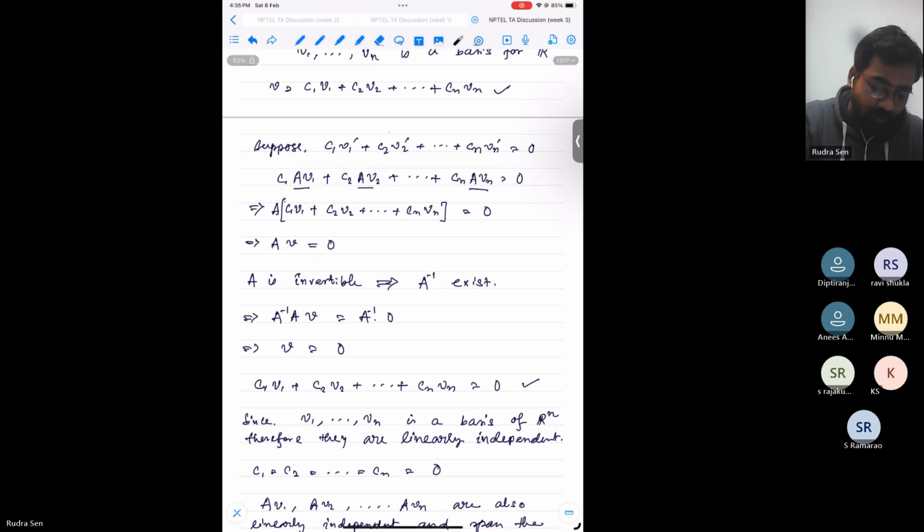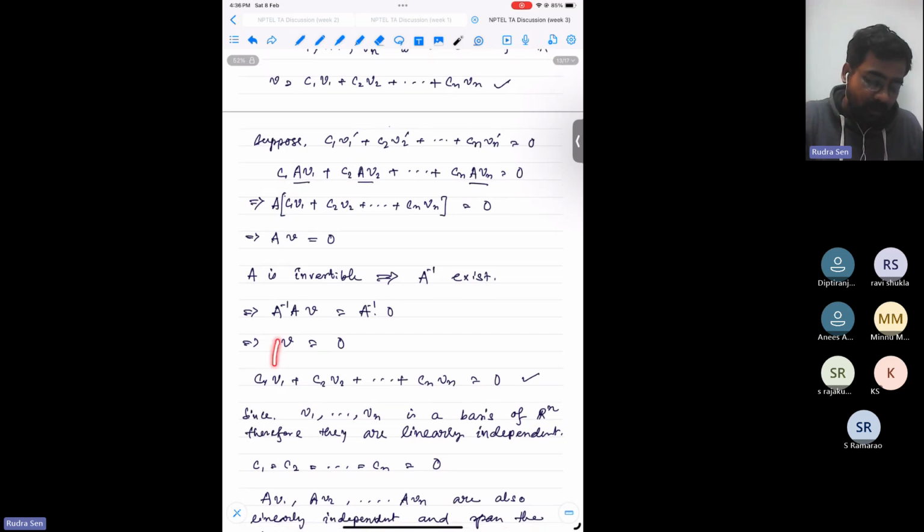Since A inverse exists, because I have already said that A is an invertible matrix, we get V equals 0. So this equation leads to this, right?